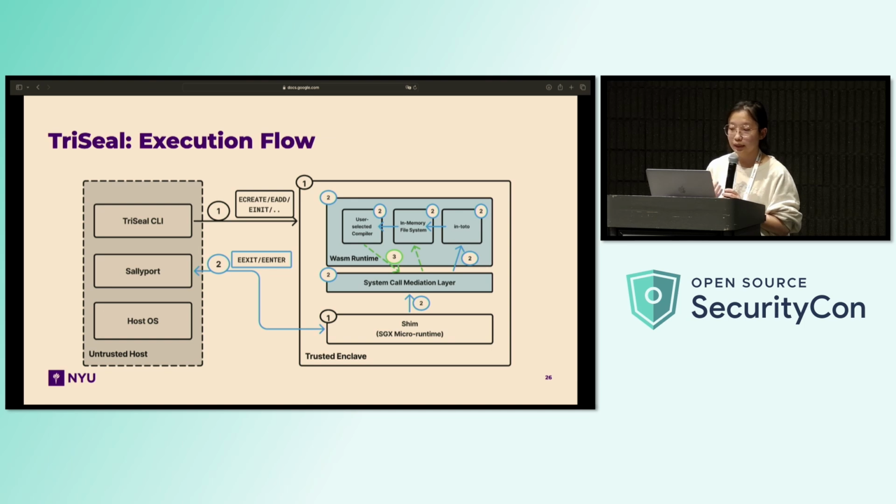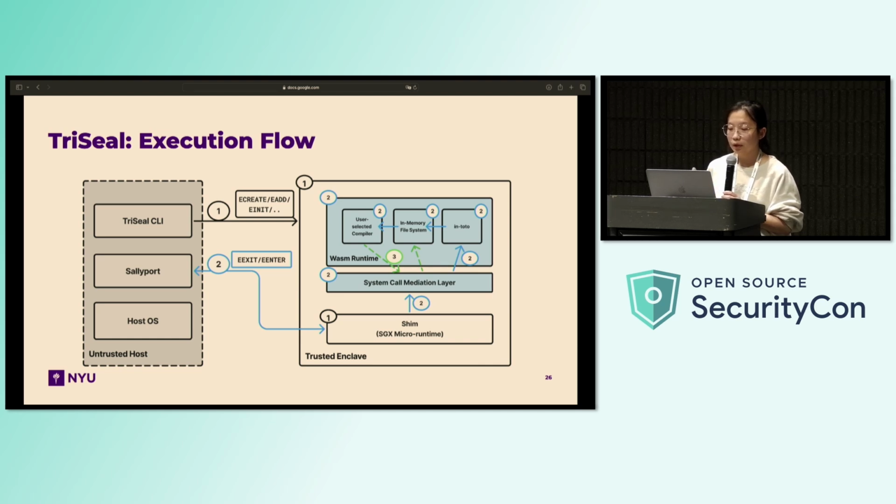Next, the Wasm runtime is launched inside the enclave. Instantiate the enclave in-memory file system, preloading required compilation files, the in-toto tools, and the compilers into the in-memory file system.